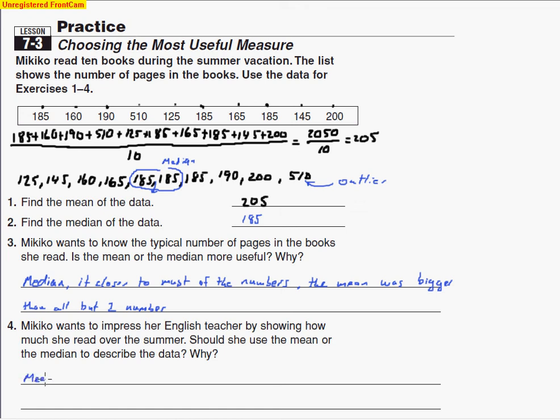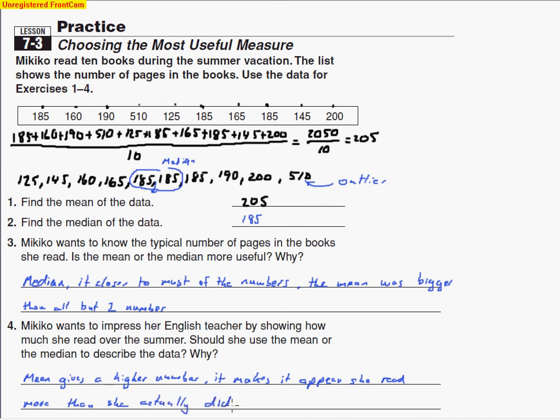And why would she want to use the mean? Well, the mean gives a higher number. And if it's a higher number, it makes it appear she read more than she actually did.